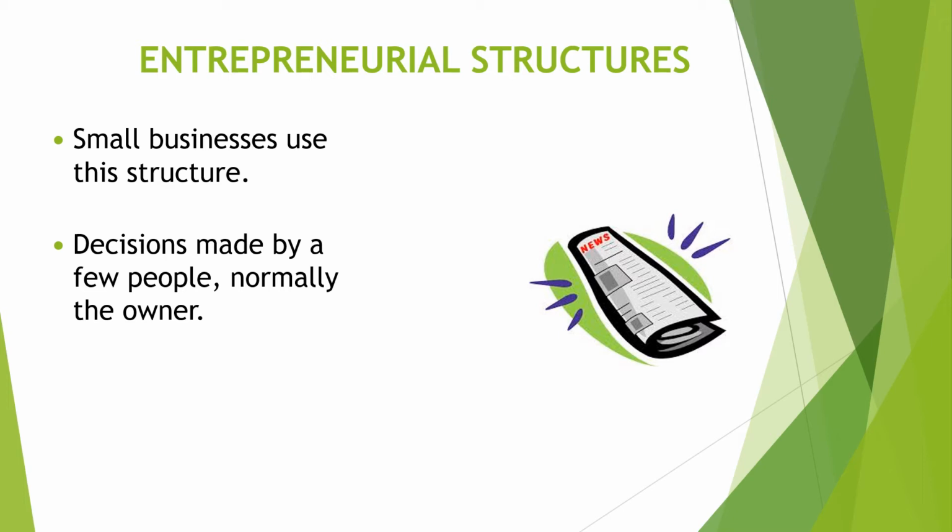So the editor of the newspaper would be the hub, as in the boss, and all the people in charge of the different sections of the newspaper would be round the spokes of the wheel, and they would be given direction by the entrepreneur and told to carry out their job. There's not an awful lot of time for discussion because the paper has to have a quick turnaround. And it's the same with a smaller business where the entrepreneur is the owner, and the owner will have the sole decision-making powers, so they will be firing out information to all of their different staff.